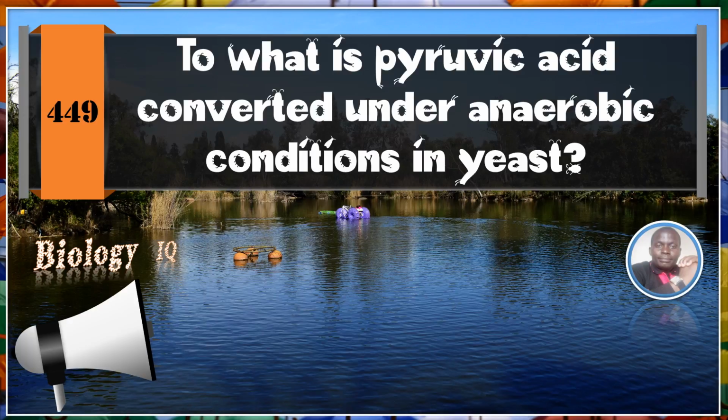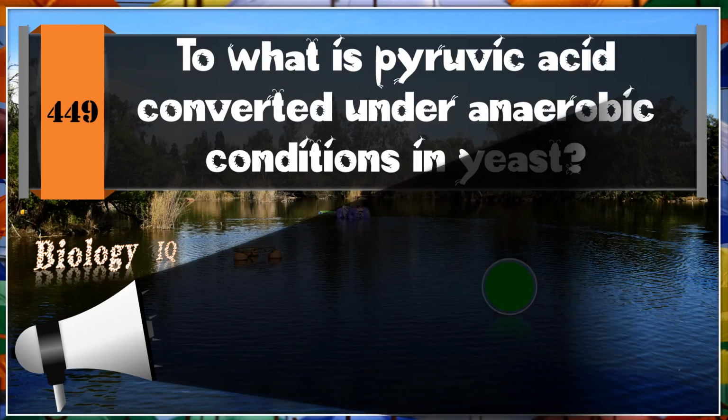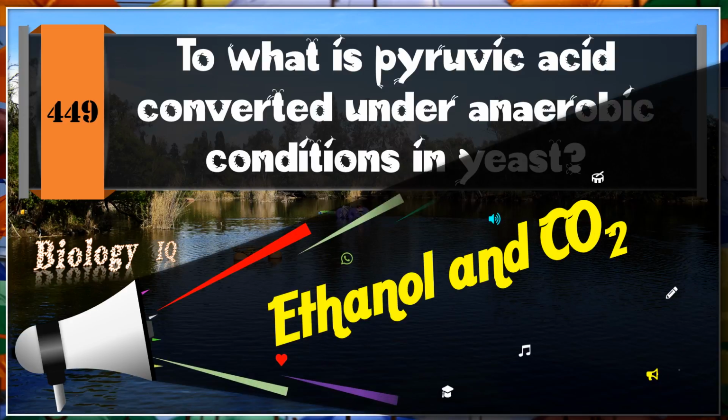To what is pyruvic acid converted under anaerobic conditions in yeast? Ethanol and carbon dioxide.